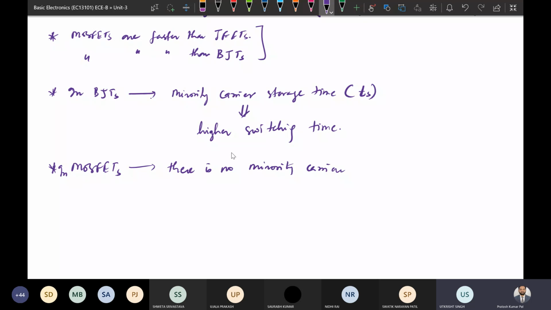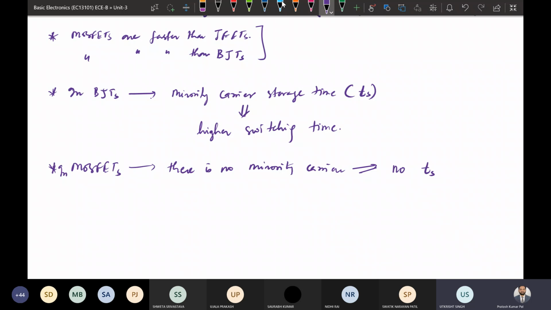Only the majority carriers constitute the current flow, but there is no concept of minority carriers. So if there are no minority carriers, there will be no minority carrier storage time.